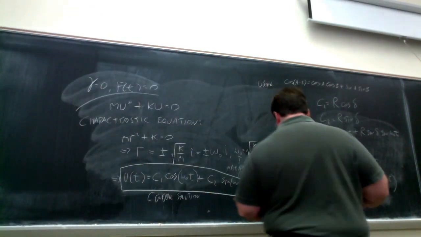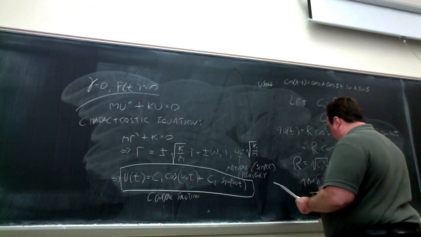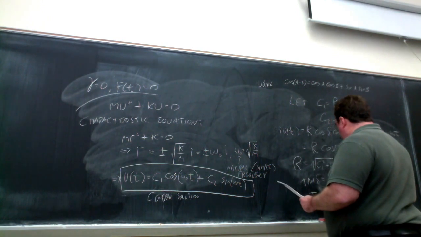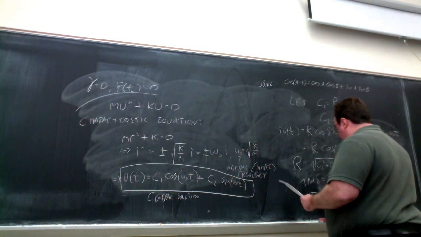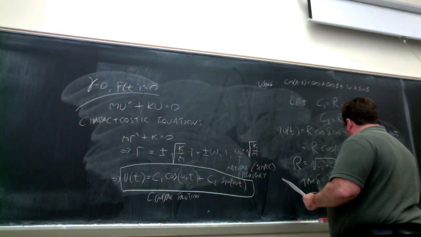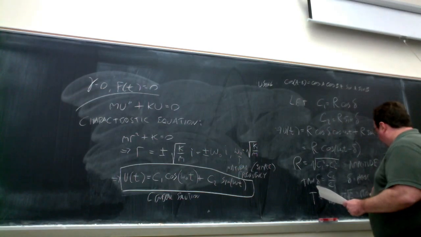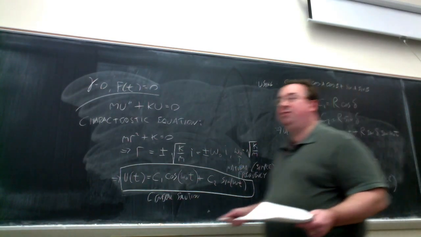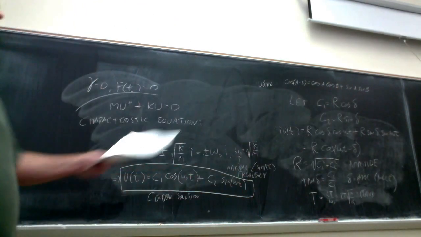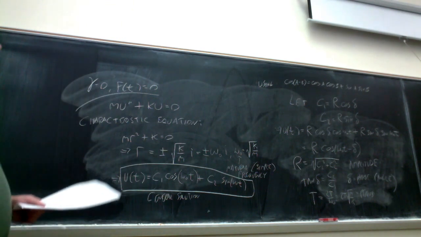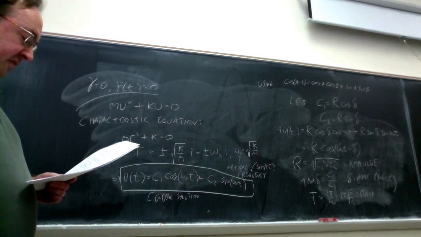Also, if I define capital T to be 2 pi over omega naught, which also becomes 2 pi square root of m over k, that is the period. So ordinary sine and cosine have a period of 2 pi, but this is what the period is going to be in this case.